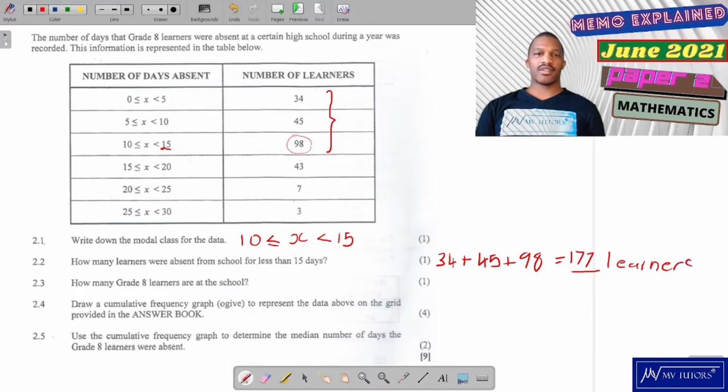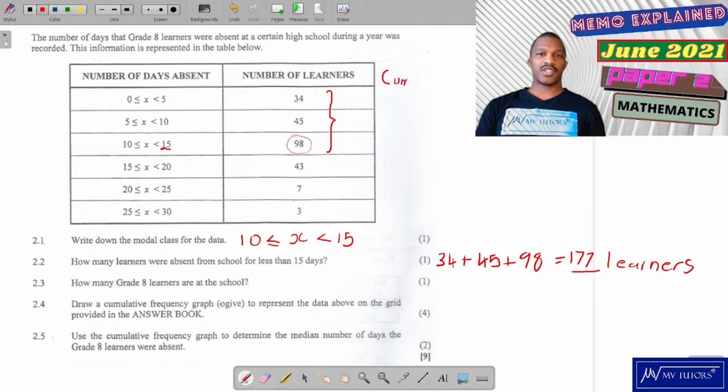Cool. Now, how many grade 8 learners are at the school? For this one, we have to add up all of these learners. So I will do what we call a cumulative frequency. Let me just do it here.